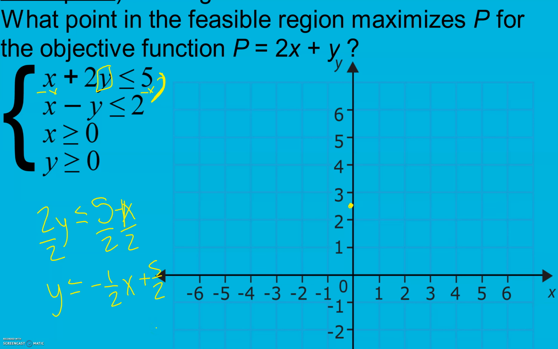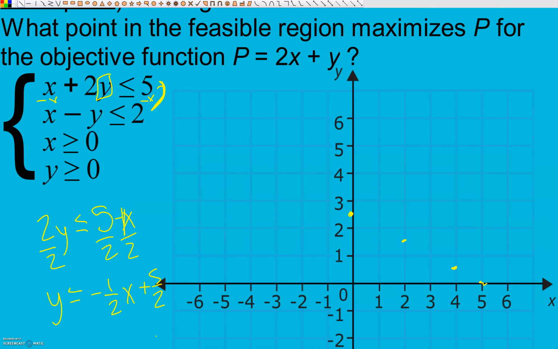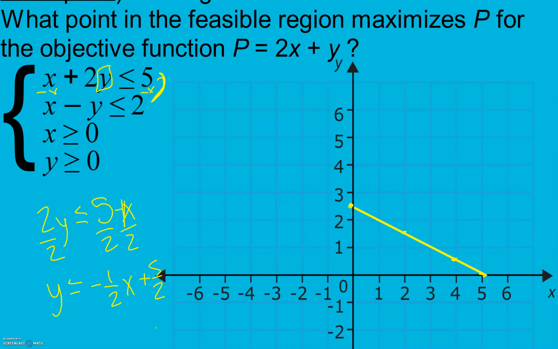I'm going to go down 1 over 2 for my slope, and I'm going to connect that because it's equal to. I'm going to use a straight edge here to connect, and it looks like that. For my yellow line here, we want it to be less than, so we want everything in this part.